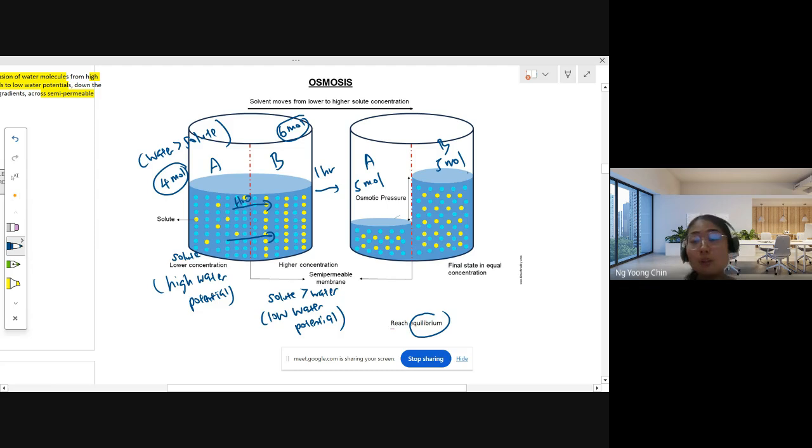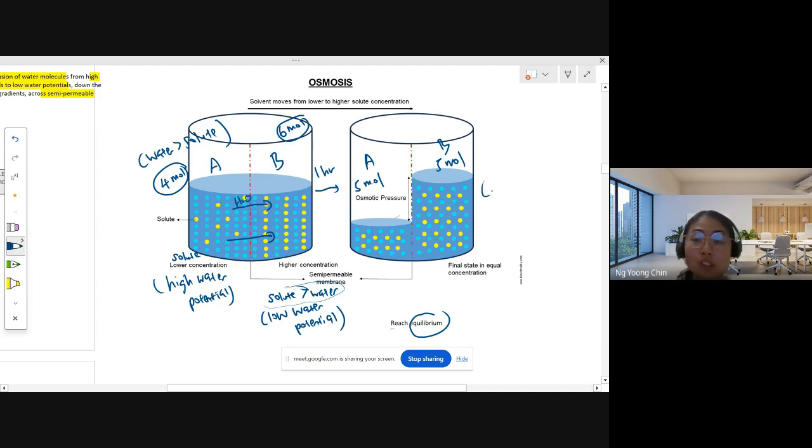Then how about in region B? In region B, initially, they have more solute compared to the water. However, B gets more water molecules from A. So slowly the water will outweigh the proportion of the solute. That's why the molarity will decrease from 6 molarity to 5 molarity, because of the addition of the water.